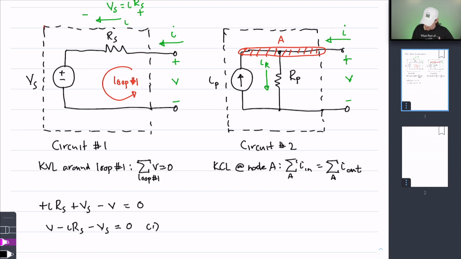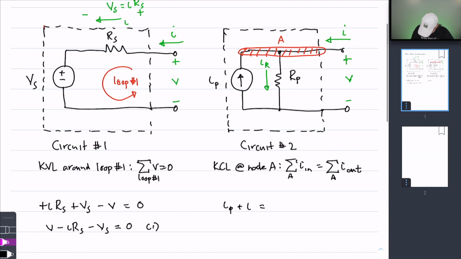Now, into this node, we have actually two currents. We have I sub P, this current, and we also have this external current I. So on the left-hand side of the equation, I have I sub P plus I, and on the opposite side of the equation, it is only I sub R here that happens to be flowing out of this node.